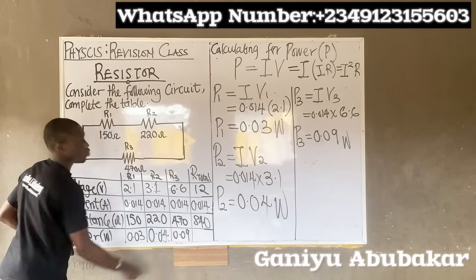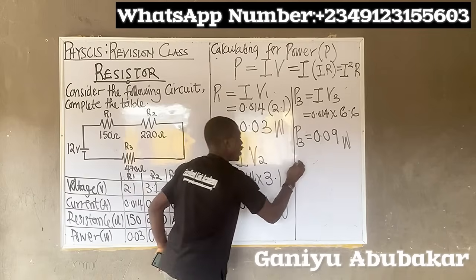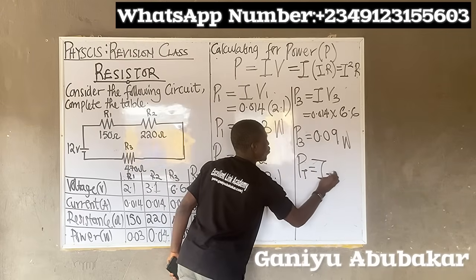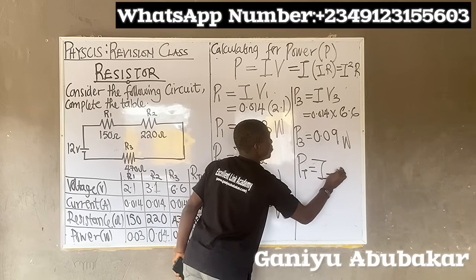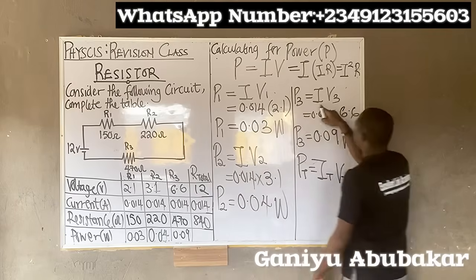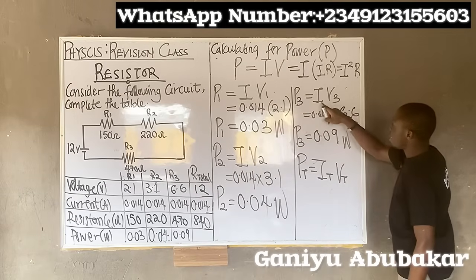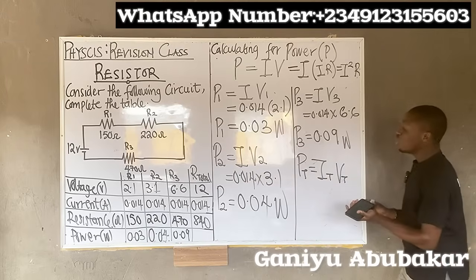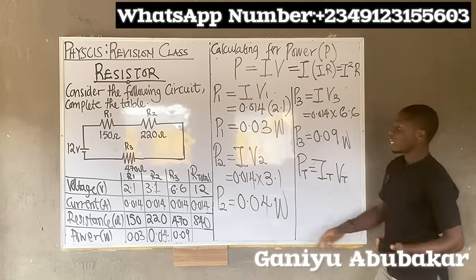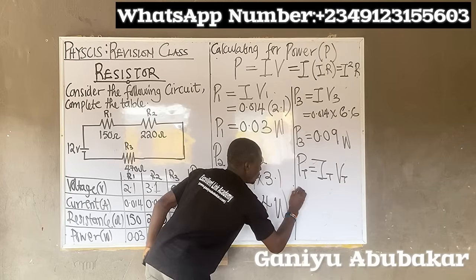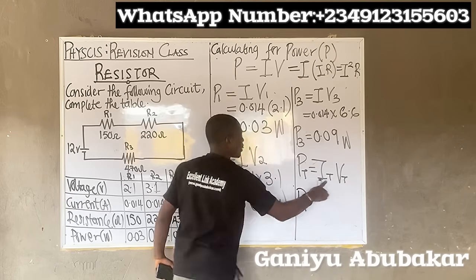So let's get the total there. Power total is equal to I total times V total. P is IV, so P is still IV, but in the form of total, because I am under the total column. So P total is equal to, what's I total?